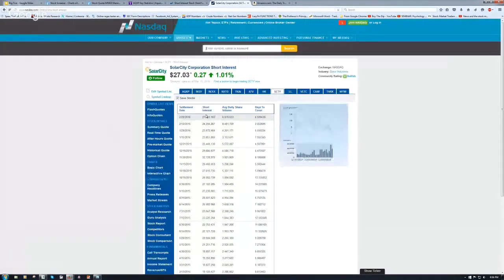And there you go. What you're looking at is the number of shares, and this is the date. So as of the 29th of February, there were 27.4 million shares short on Solar City. So that's how you do it.